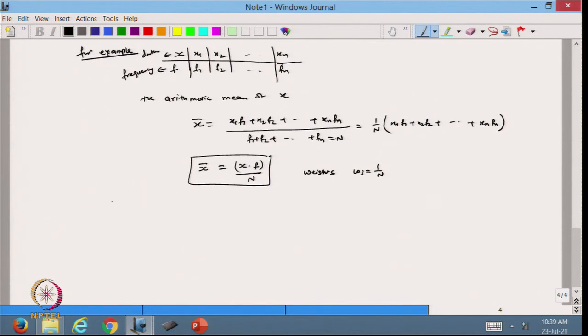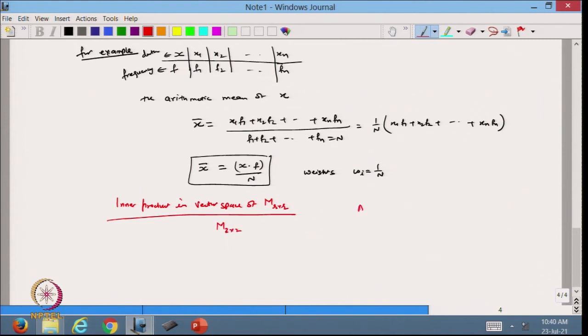So, let us define the inner product in the vector space of matrices M of order R cross R. Suppose I take, for example, M 2 by 2.